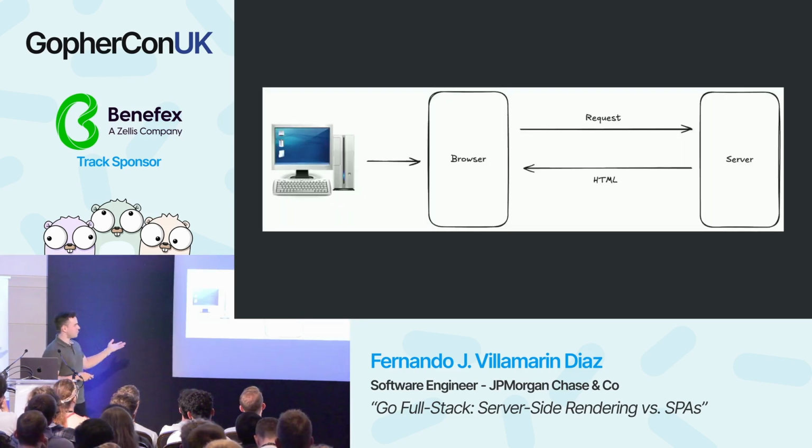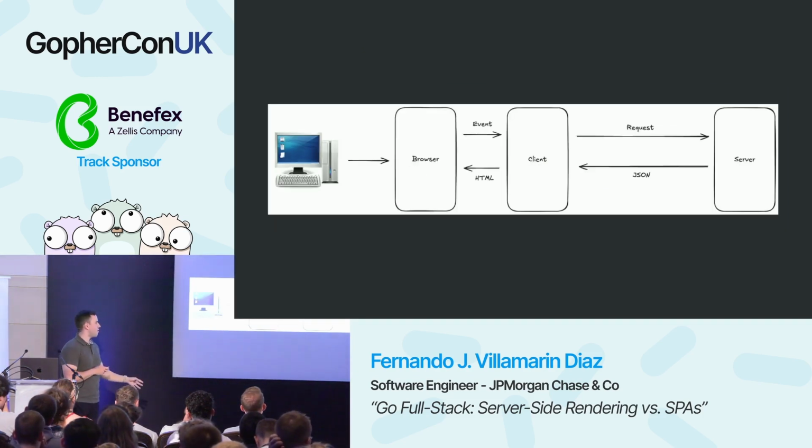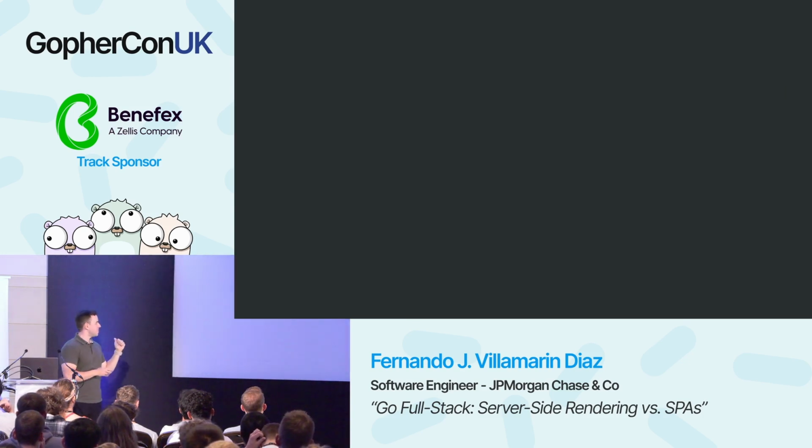Before, this very simple diagram showed the browser sending the request to the server and then rendering the HTML, whereas in an SPA, we have a client or front end, which sends the request to the server and gets back the JSON. But let's break this down a little bit.